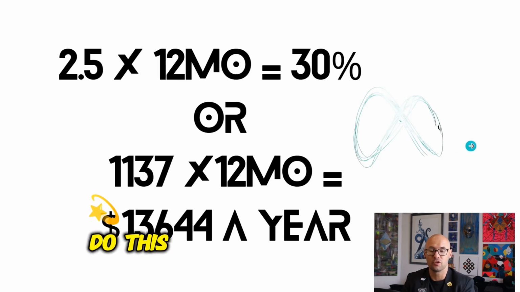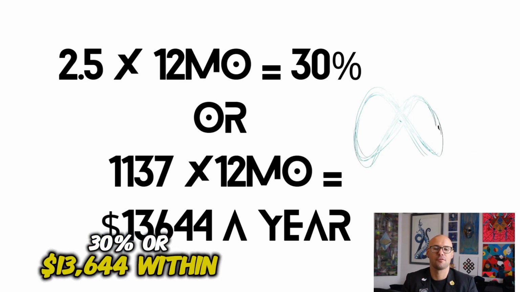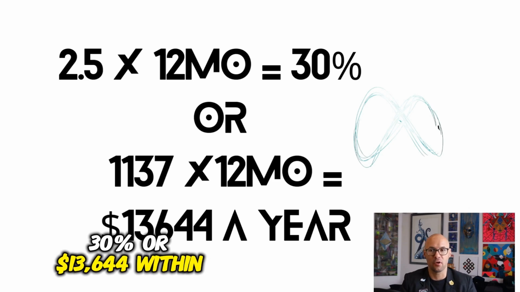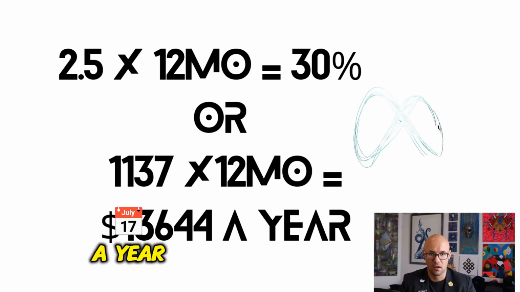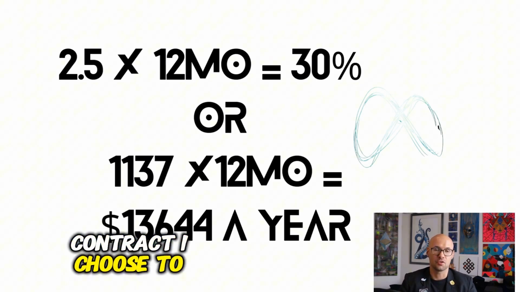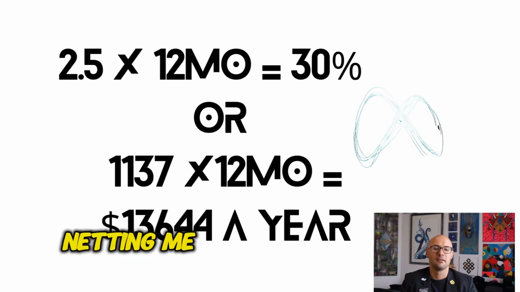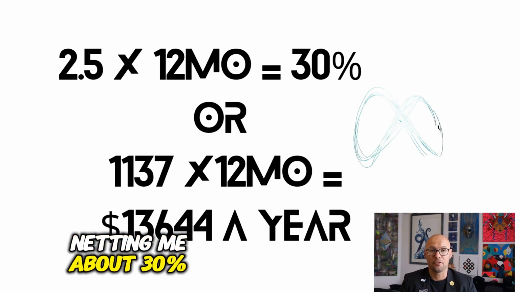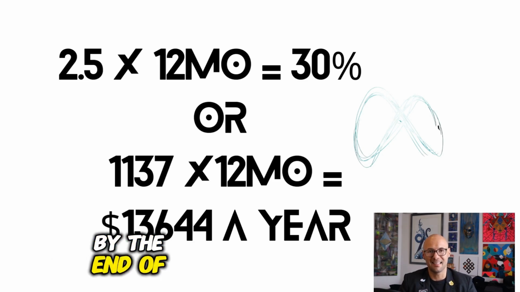If I was to do this every month, I would gain an extra 30%, or $13,644 within a year. Means each month I can make an extra 2 to 3%, depending on which option contract I choose to sell, netting me about 30% more returns by the end of the year.